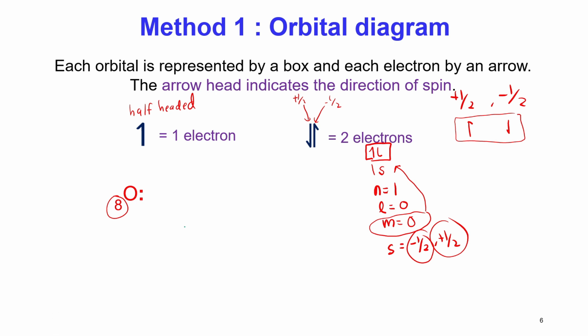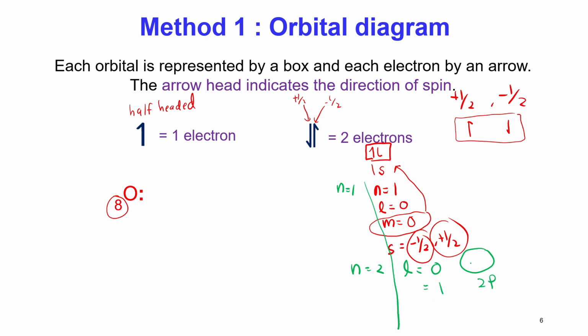n equals 1. So when n equals 2, we have two values of l. l equals 0 and l equals 1. So l0 represents 2s. L1 represents 2p.